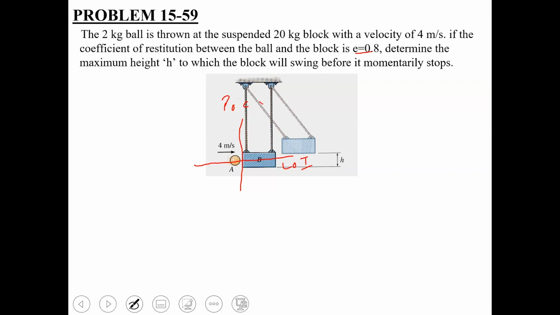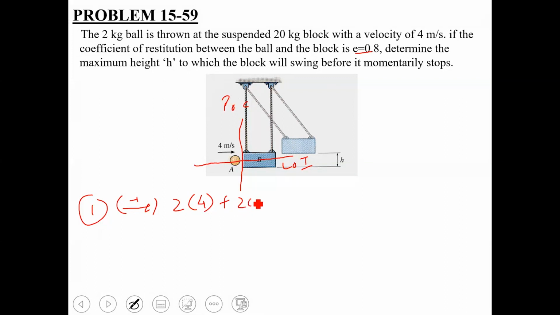Once we have recognized that it is a case of central impact, applying step number 1 on this problem: the initial momentum of the system along the line of impact should be equal to the final momentum. The momentum of this ball is 2 multiplied by 4, where 2 is the mass of this ball and 4 is its velocity.